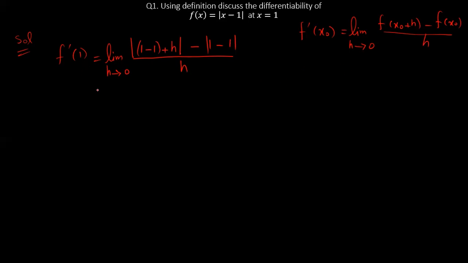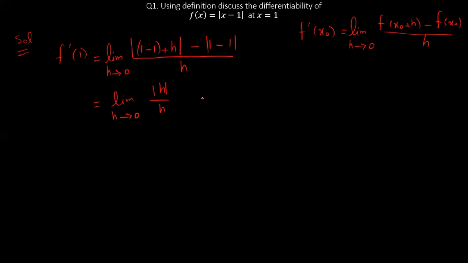So when we further solve it, this becomes 0, this becomes 0, and we are left with the absolute value of h divided by h, which looks like an absolute value function again, and we now have to check the limit of this function.